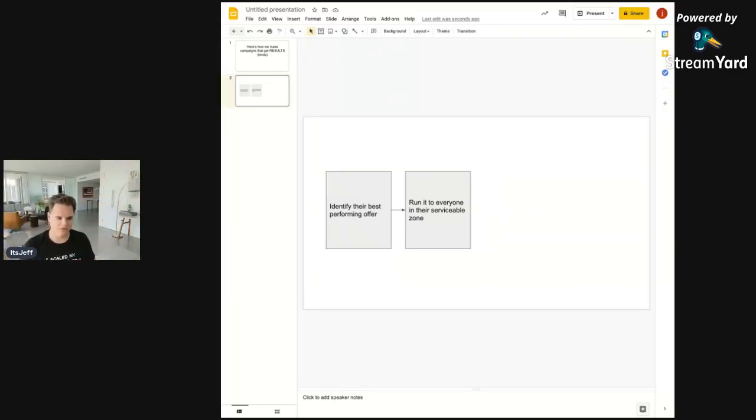But buying dentist stuff, the end customer is going to the client, right? So you have to establish a serviceable zone, but usually it's like a 5, 10, 15-minute drive, right? Any shorter and it doesn't really work out the way you think, and any longer, you end up running a risk of like, oh, I had no idea you were so far away, and things like that, right? So identify their best performing offer, run it to everyone in their serviceable zone.